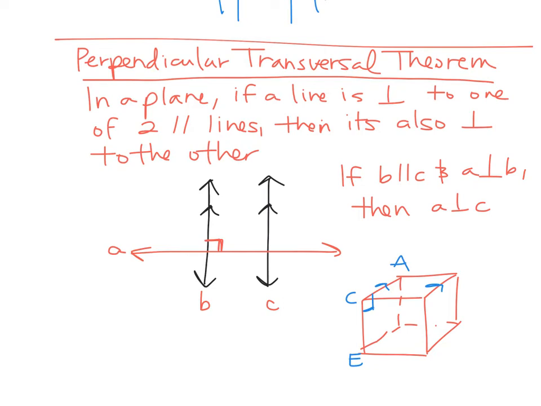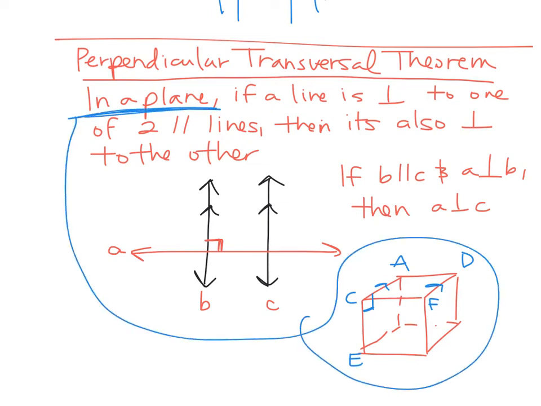Does that make CE perpendicular to DF? It doesn't. They're not touching each other, right? So they can't be perpendicular. So that's why it says in a plane, because once you go three-dimensional with it, the parallel line's going this way, but the perpendicular going this way does not touch this parallel line over here. So the reason they say in a plane is because of this situation here, okay?